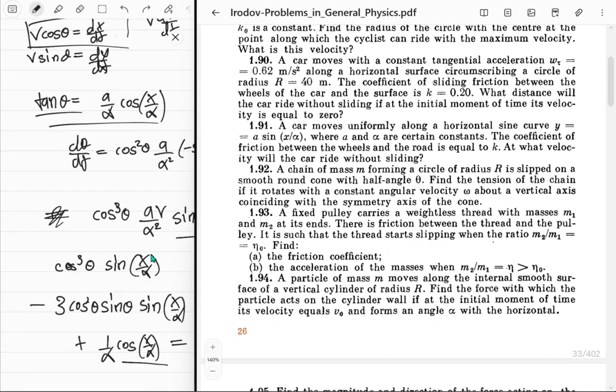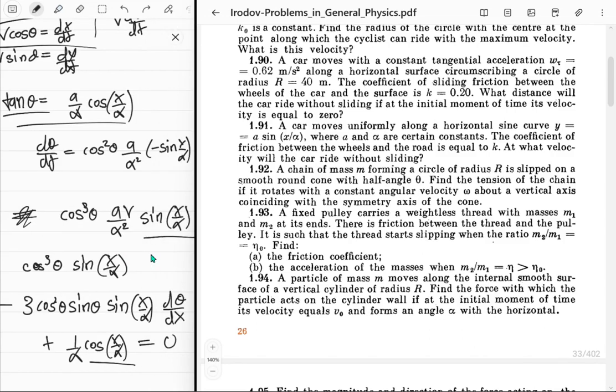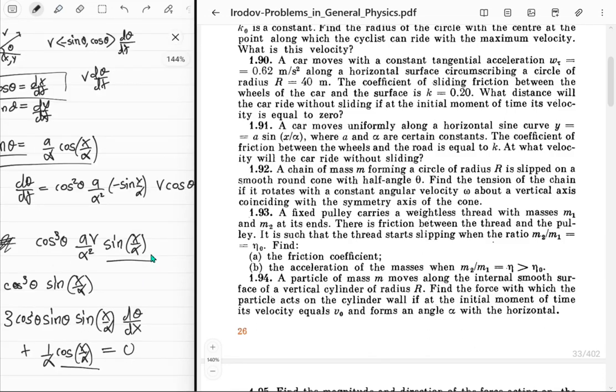So it's clear that this does become 0 when x is equal to pi by 2 alpha, or in fact any odd multiple of pi by 2 times alpha, right? And I guess that will be the maximum. So what happens when I put that into this quantity?